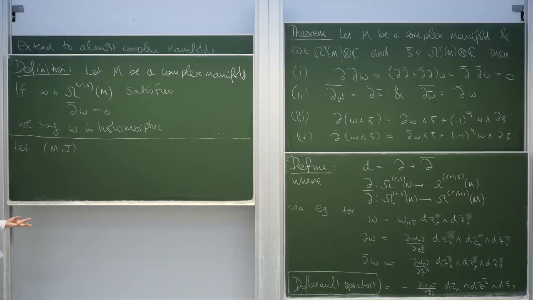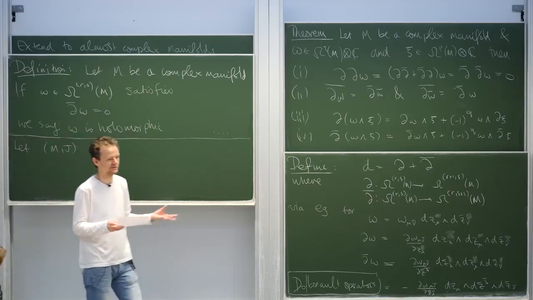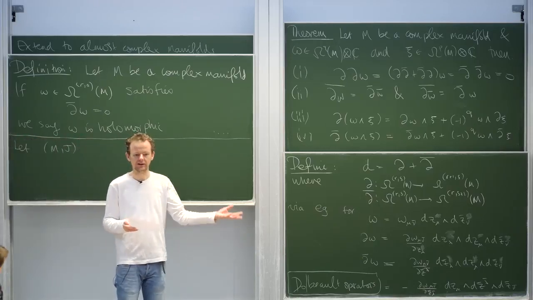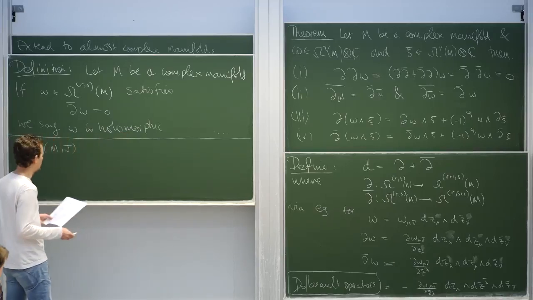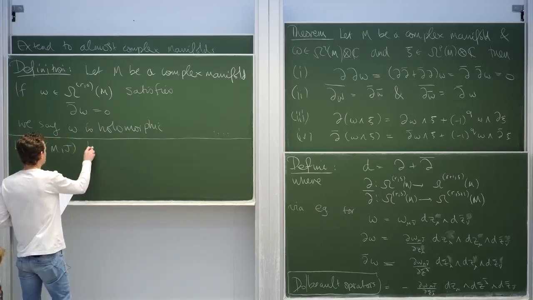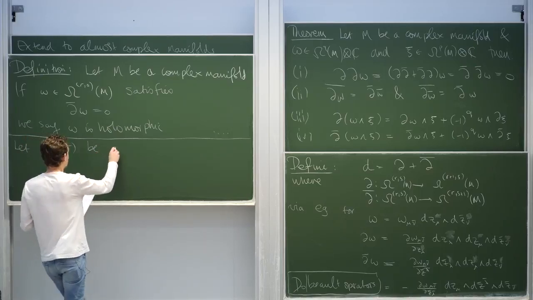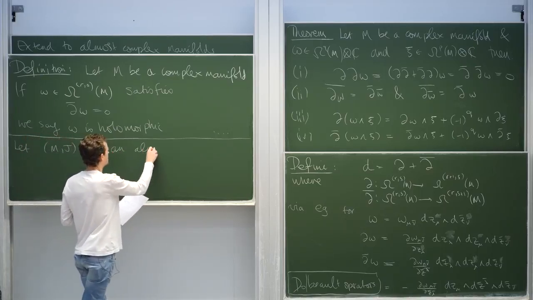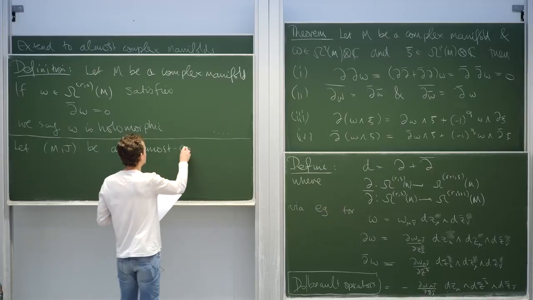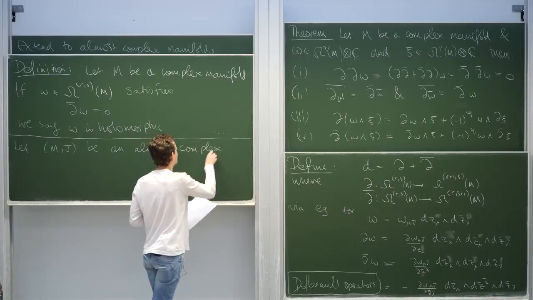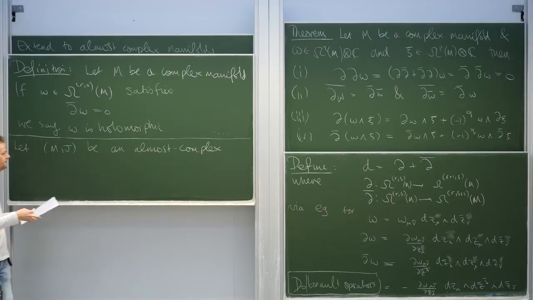So it's sort of a natural question: if something's locally complex, like an almost complex manifold, what's really stopping it from being a complex manifold? And we're going to capture those obstructions here in a well-known, or not particularly well-known, but a central theorem in this topic. So suppose we have an almost complex manifold.